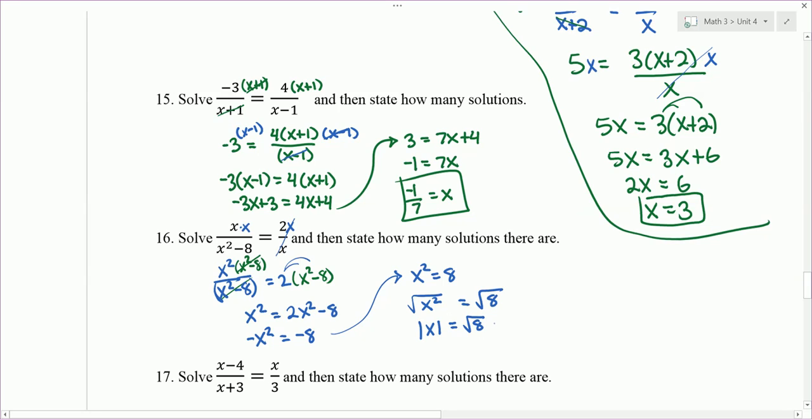But remember, the square root of 8 is the square root of 4 times 2. Square root of 4 is 2, and so we get 2 radical 2. So we're going to split this up to x equals positive 2 radical 2, or x equals negative 2 radical 2.